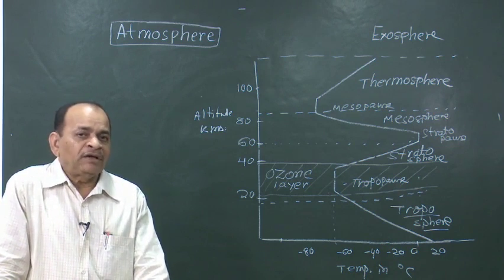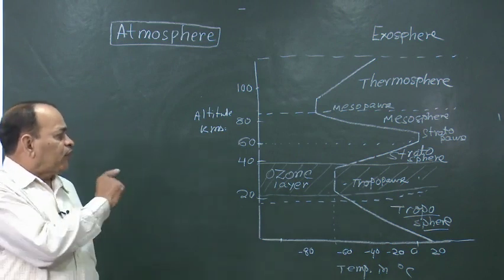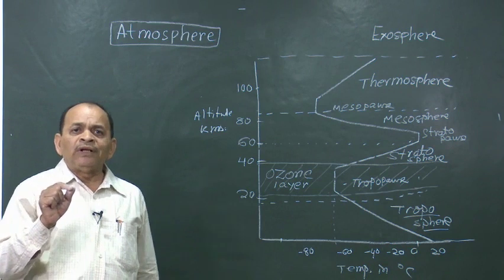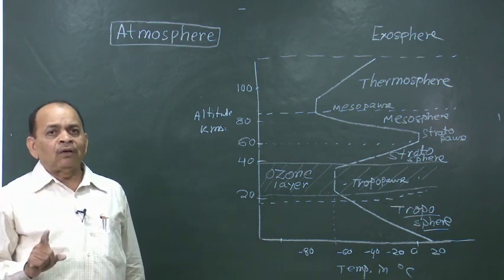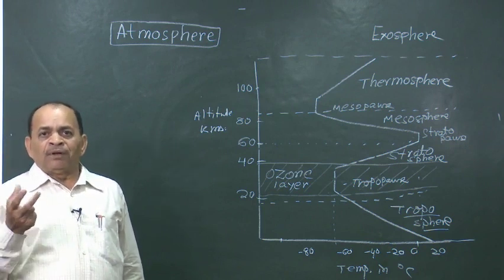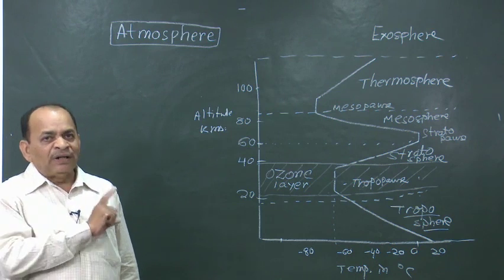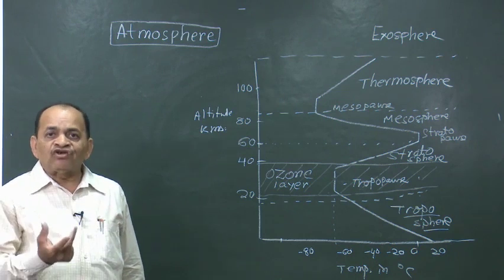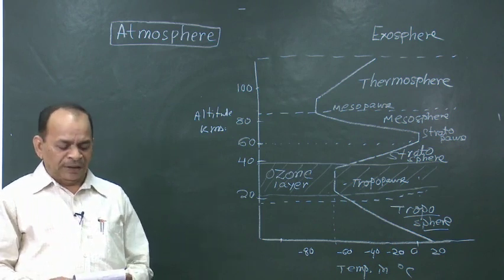Now, what is the difference between the ozone layer of the stratosphere and that of the troposphere? In the troposphere, as I told you, ozone is local, from natural sources or pollution, but here the source of ozone is different, the formation is different.